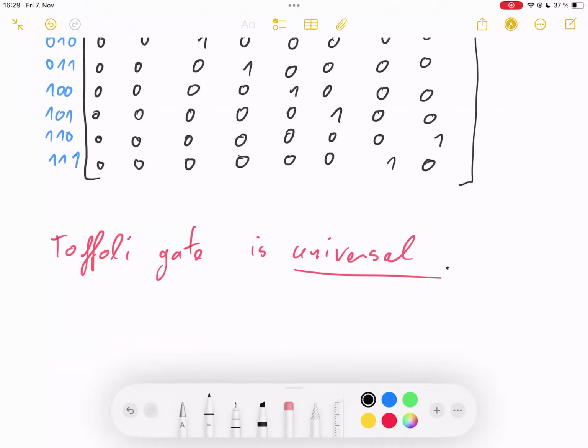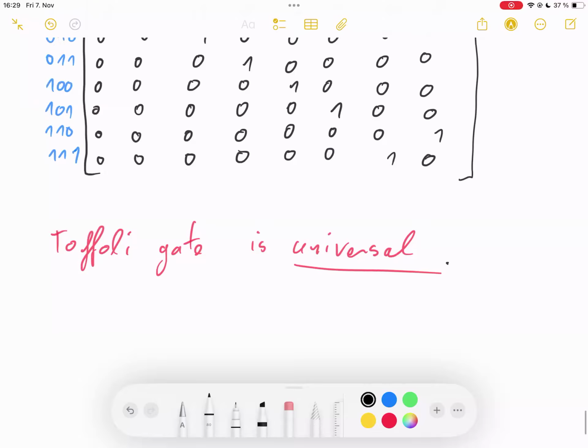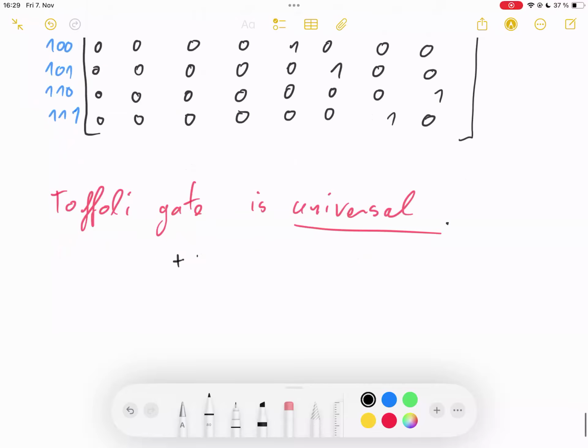We can also do this with a combination, say an AND and a NOT, or a NOT and an OR. We also have a set of universal gates, or for example, the NAND gate itself is universal from a binary perspective. But the Toffoli gate is universal and it is reversible. So it's universal plus reversible.